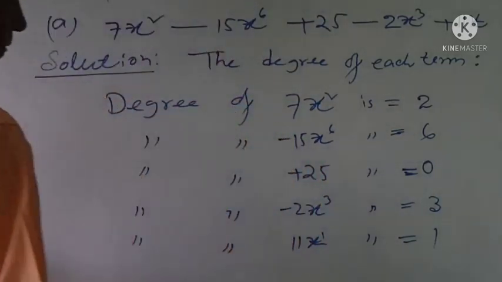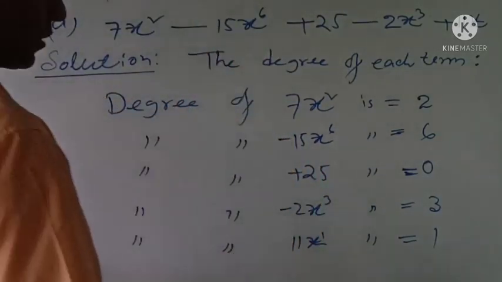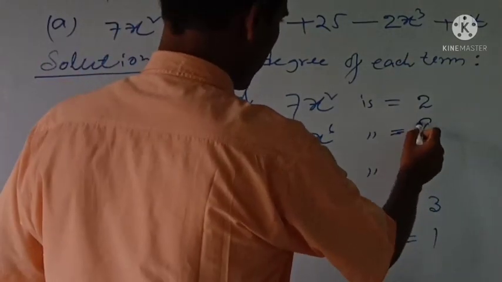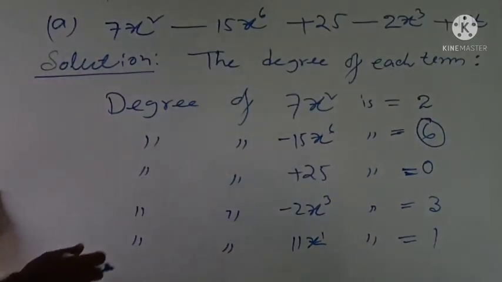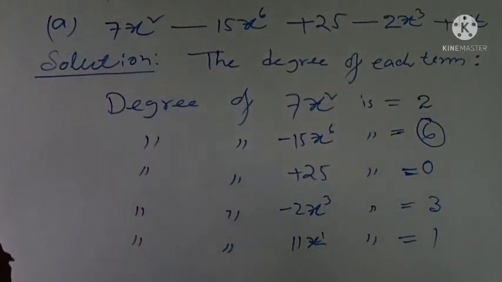Now if you compare the degrees, out of all the degrees, 6 is the highest. Descending order means you have to write the largest one first.